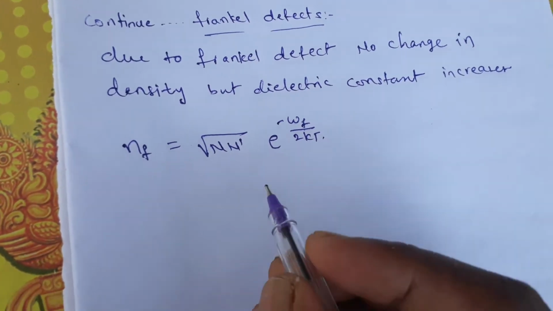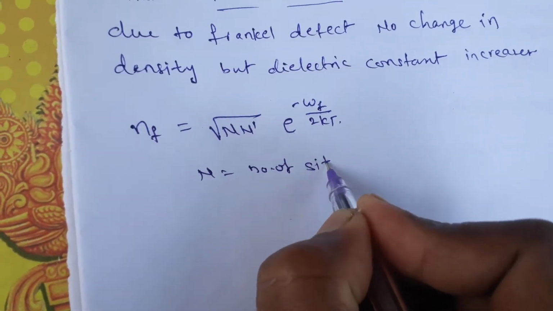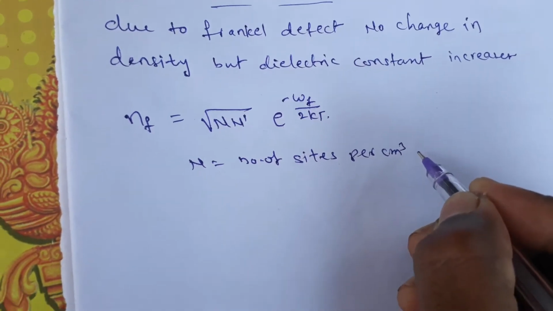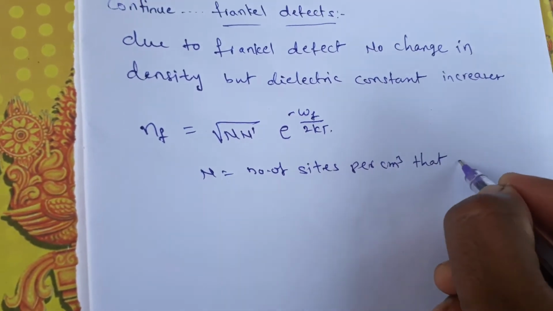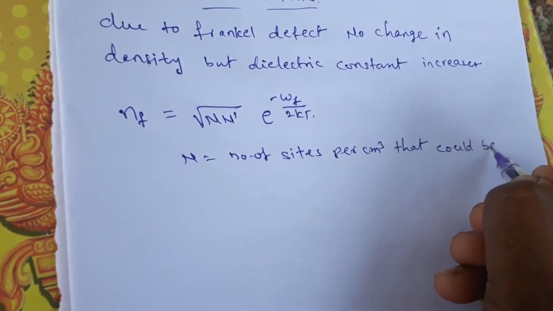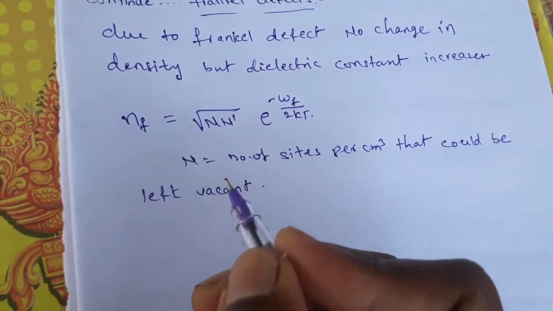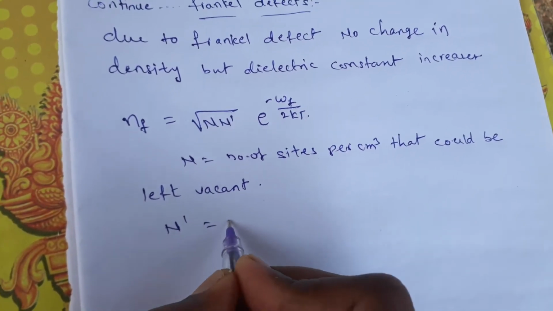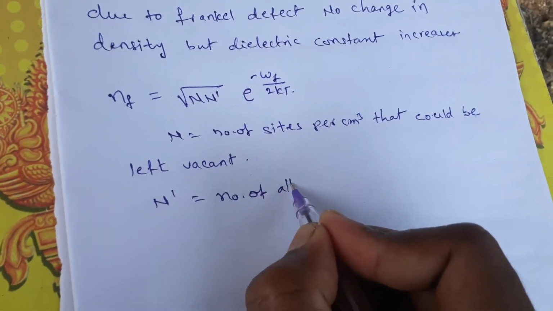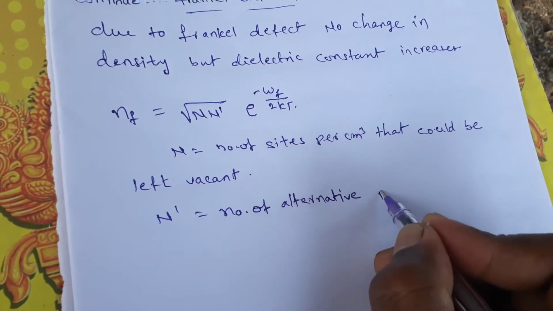So see, N is equal to the number of sites per centimeter cube that could be left vacant, and N prime is the number of alternative interstitial positions.